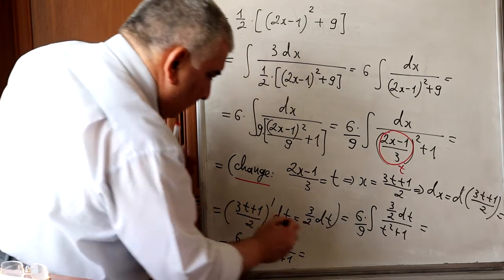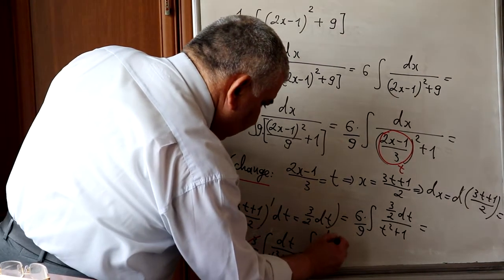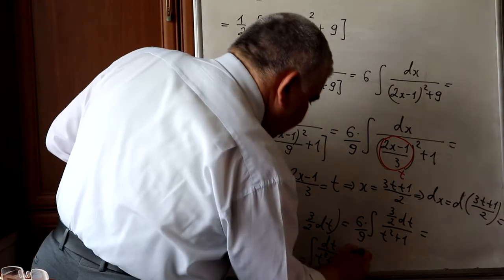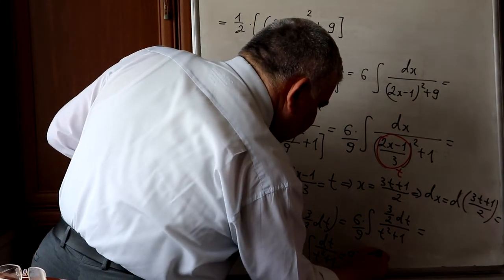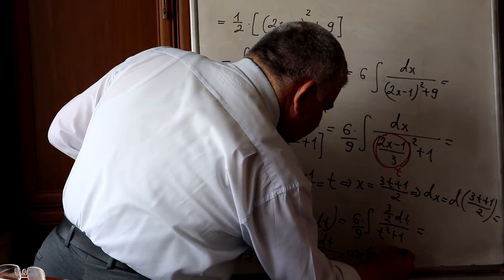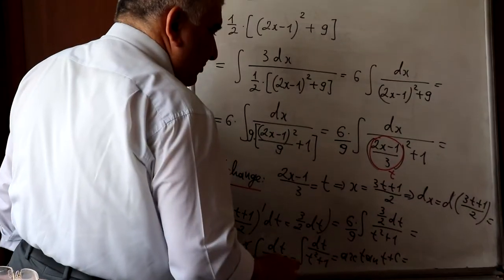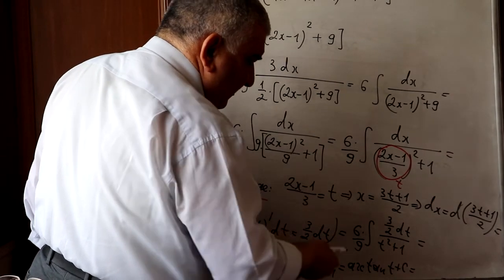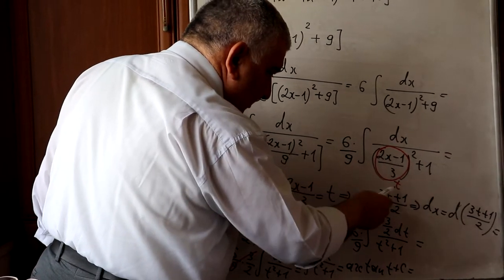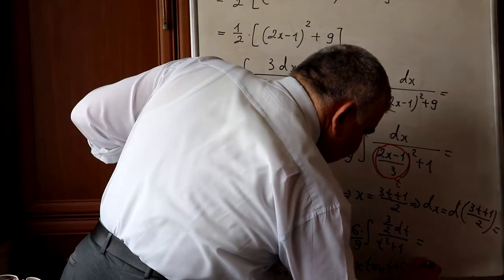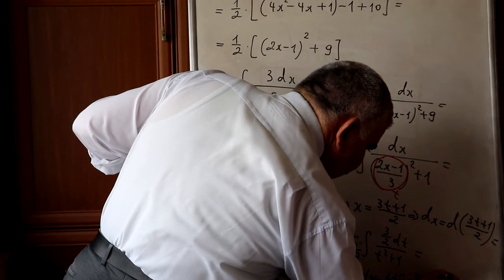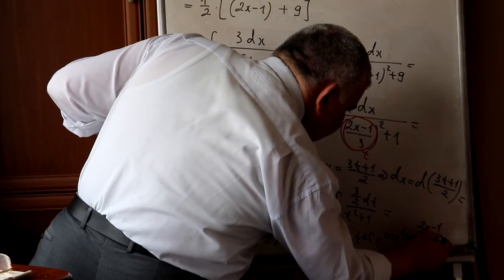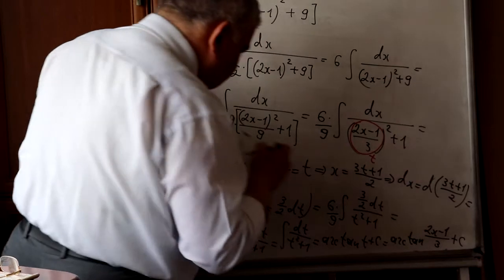Then we will have integral dt over t squared plus 1. It is arctangent t plus c, and then return to the given variable, substitute 2x minus 1 over 3 instead of t. Then we will have arctangent of 2x minus 1 over 3 plus c. It is our answer.